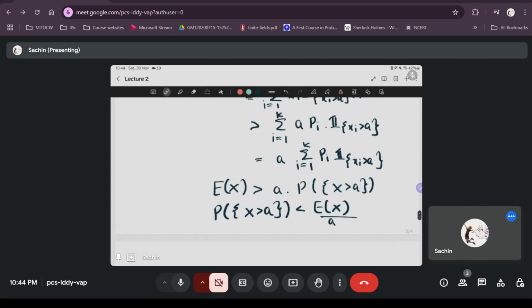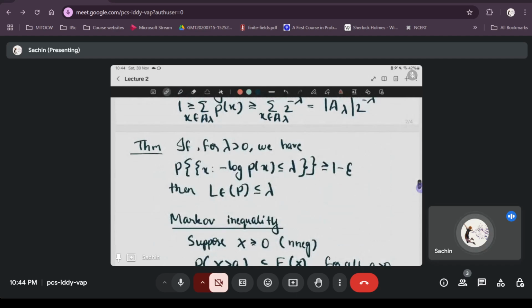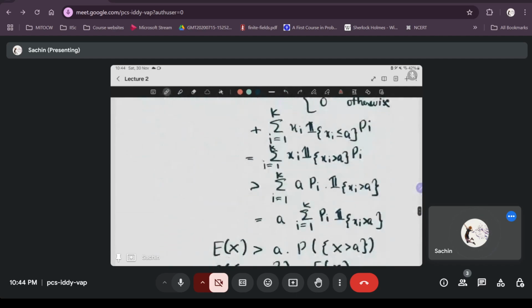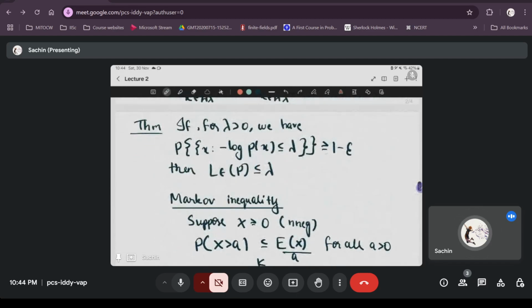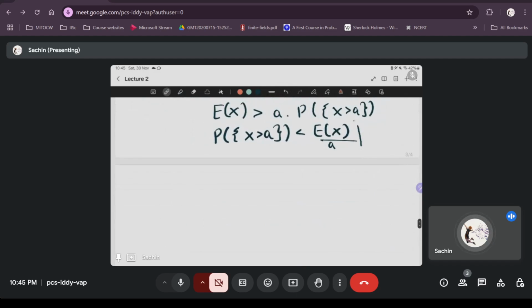Now, if we compare this, what we have here, we have 1 minus epsilon on the RHS, and we also have greater than or equal to here. So we'll convert this equation, Markov inequality, into that form. And to do that, let's say E of x over a is equal to epsilon.